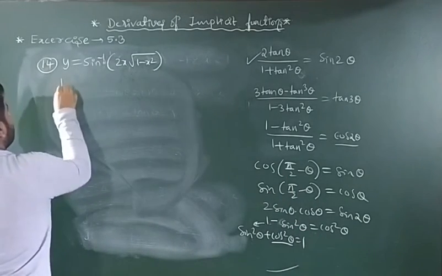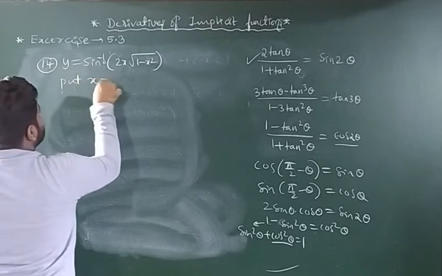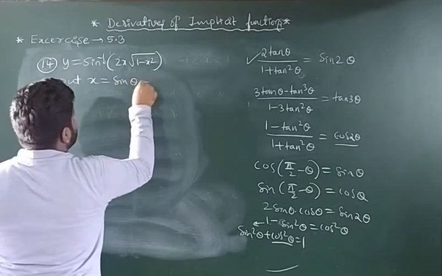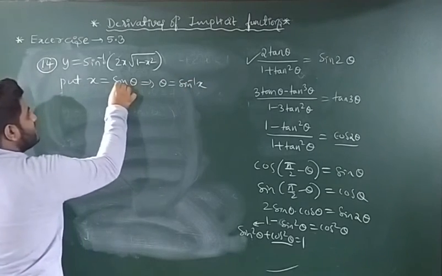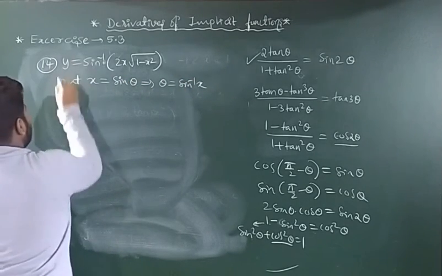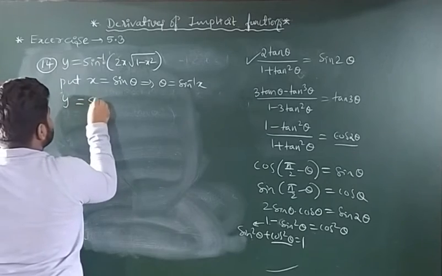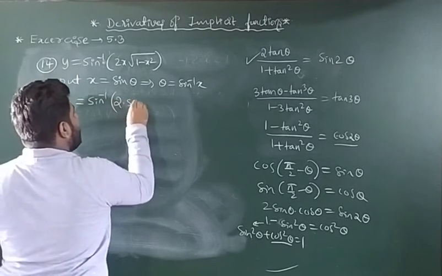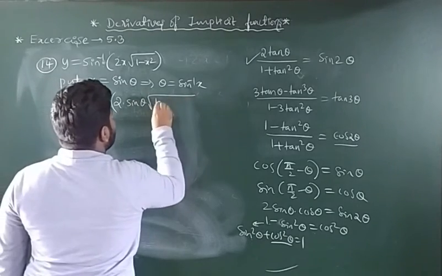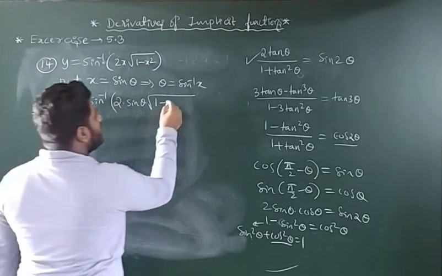So put here x equal to sin theta. This implies theta is equal to sin inverse x. Theta as it is, we take this side sin inverse. Now put here y equal to what we are having? Sin inverse of 2 into sin theta into square root of 1 minus, in place of x what we have to put?